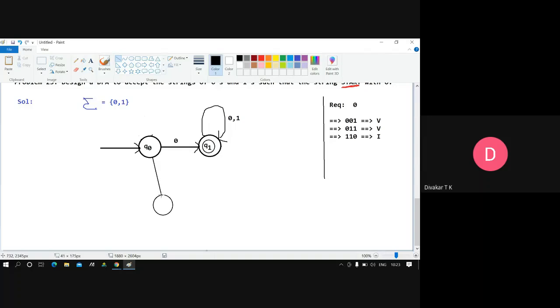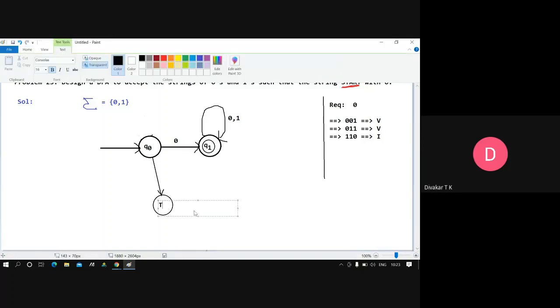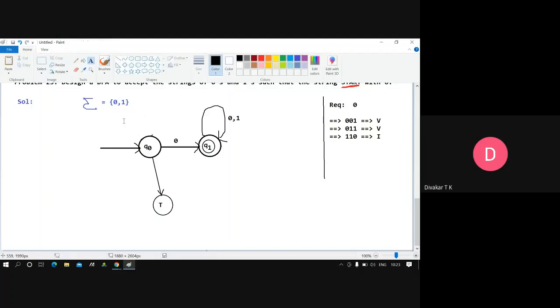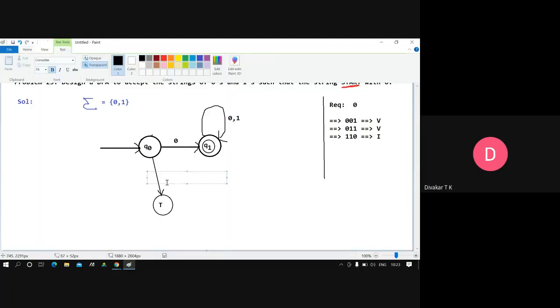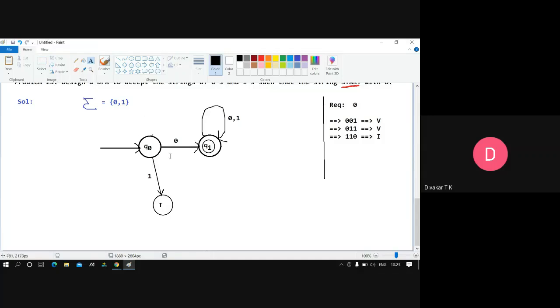Now from Q0, that one symbol will go to the trap state here. So this is what I'll call the trap state. The zero symbol, as usual, we are reading here. From Q0, the one symbol is carried to the trap state, because it is not accepting anything.